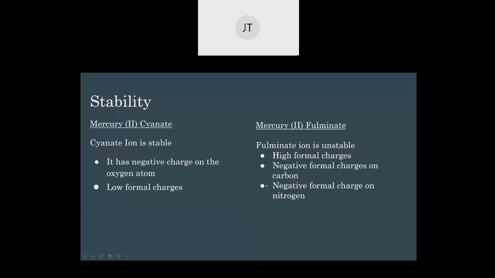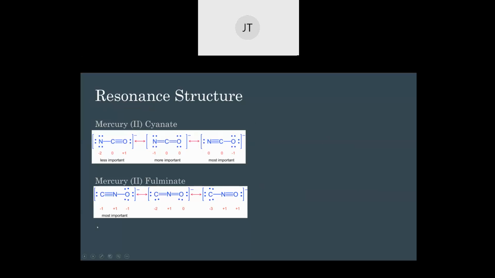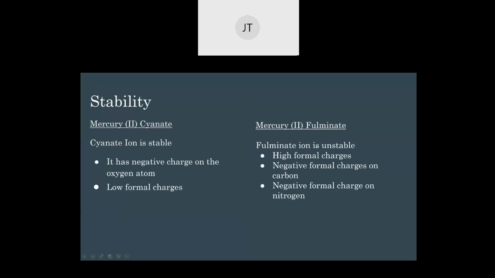The carbon is the reason that makes the mercury 2 fulminate unstable. As we can see here, the mercury 2 fulminate has negative charges on the carbon element. And here the mercury 2 cyanate doesn't have negative charge on the carbon element. We can say also that the mercury 2 fulminate is highly sensitive because it is unstable, which means it's highly reactive and it's highly explosive.